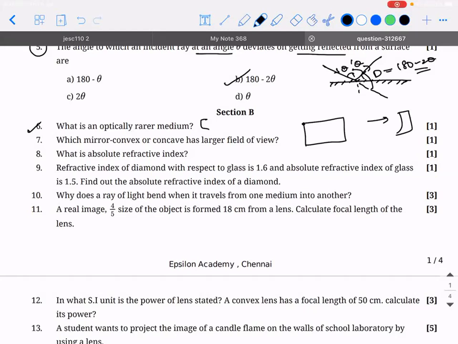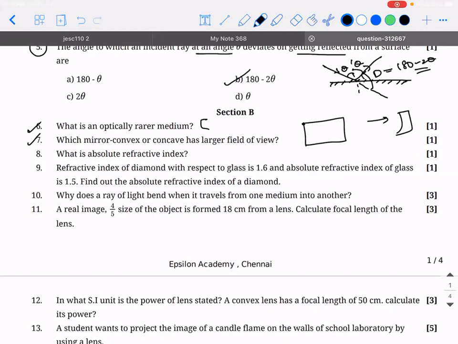So what is the meaning of field of view? You will be able to see a larger area even in a smaller mirror. Clear? So the answer is convex mirror, because it can form a virtual image of diminished size. Clear?